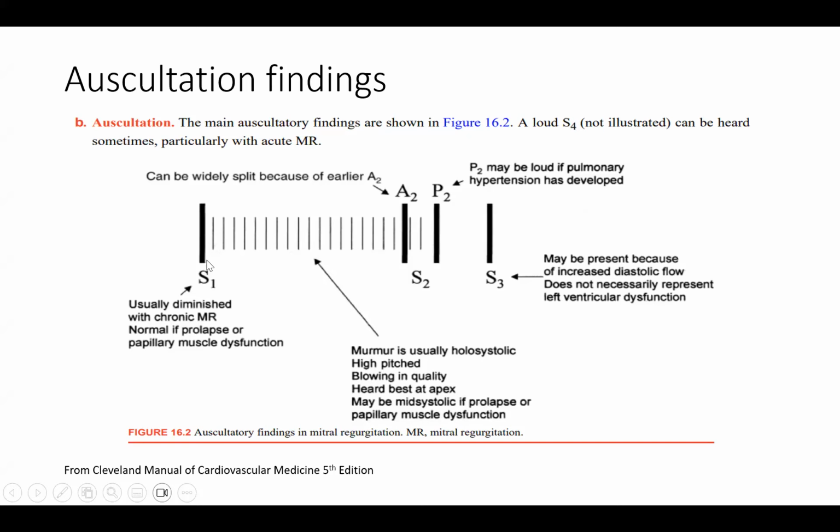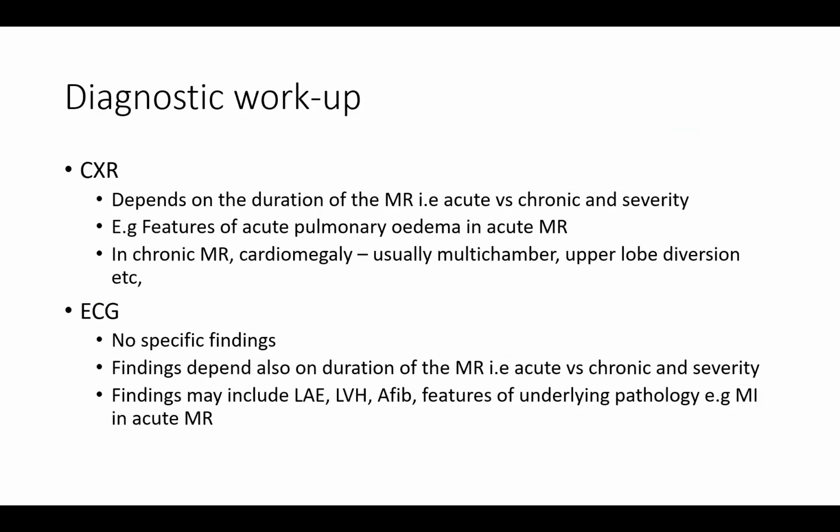S1 we've said can be diminished, but it could also be normal if it's mitral valve prolapse, because then the leaflets are long enough. We could have a loud P2 and wide splitting of aortic and pulmonary components of the second heart sound. Then we could have an S3. I don't have a live worksheet exercise for this one.